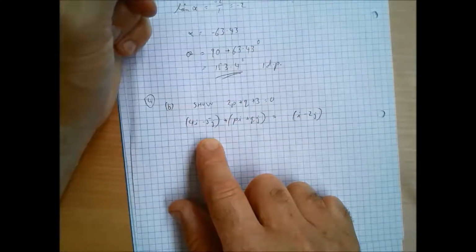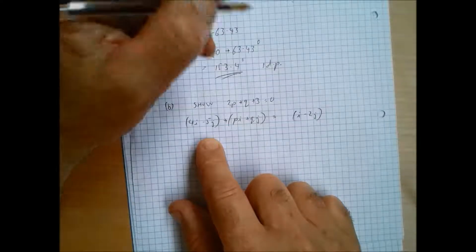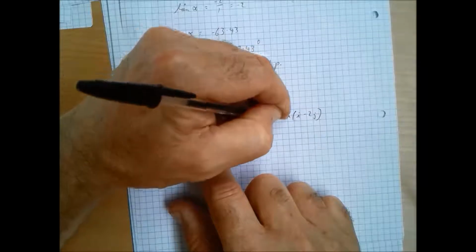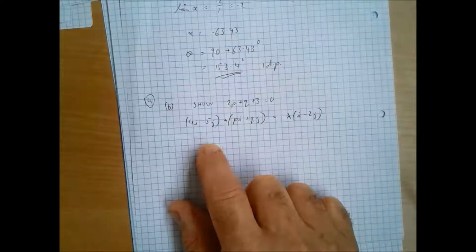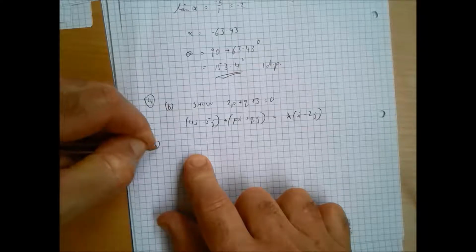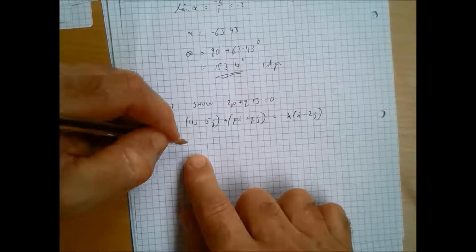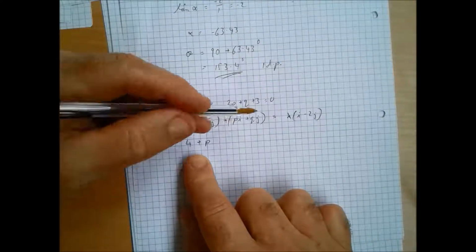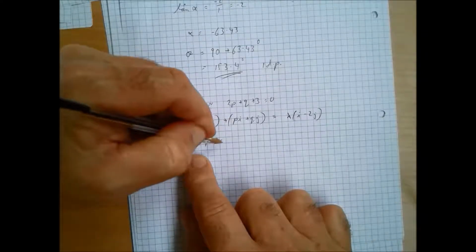Now I don't know the value of the resultant, but if it's parallel to i minus 2j, then I can represent it as lambda times i minus 2j. So I'm going to equate out the i values, and I get 4 plus p equals lambda.